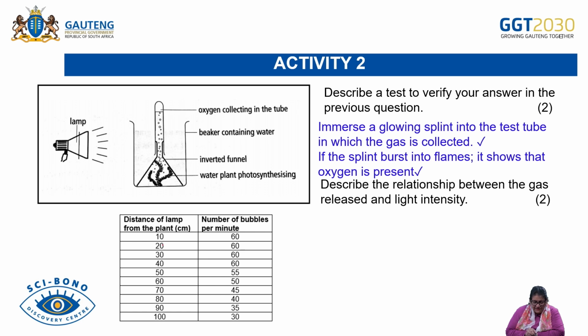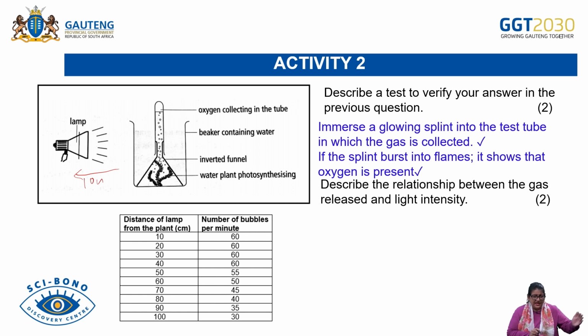That means if the lamp is closer to the plant, if this lamp is 10 centimeters away from the apparatus, I get 60 bubbles. If I put it 20 centimeters, 60 bubbles, 30, 60.